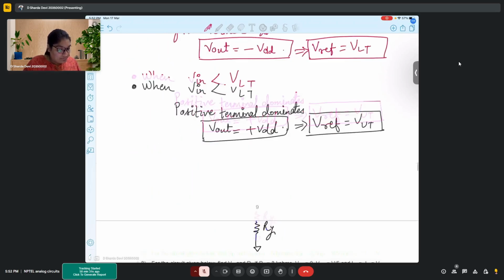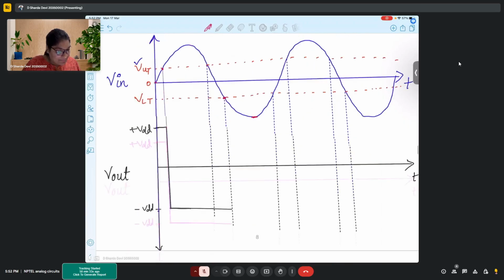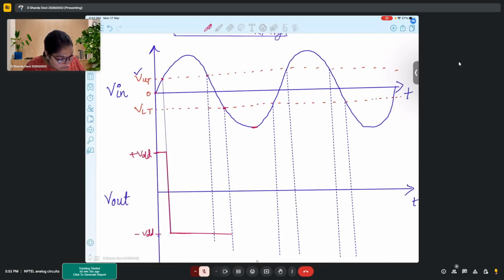So now here what is happening? Your output is changing to plus VDD. Plus VDD, it will go till VLT. But now you don't have to consider VLT anymore because your new reference has shifted from VLT to VUT. So your graph will continue until VUT is attained.